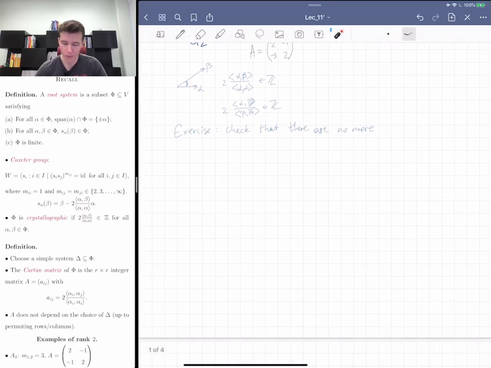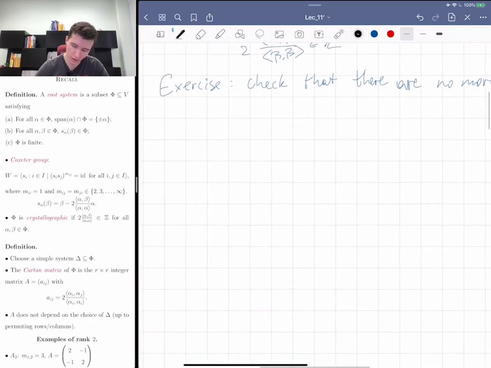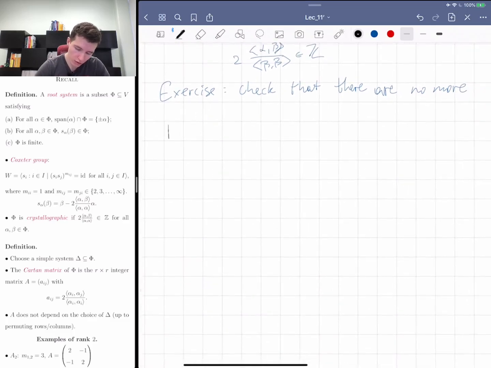Now, with this classification in mind, let me characterize all possible Cartan matrices. So I'm going to state a certain proposition which is going to say that Cartan matrices satisfy certain properties, and then these properties characterize Cartan matrices.